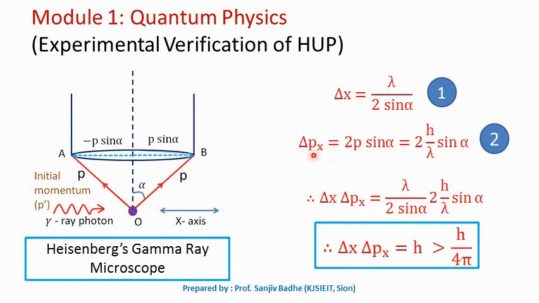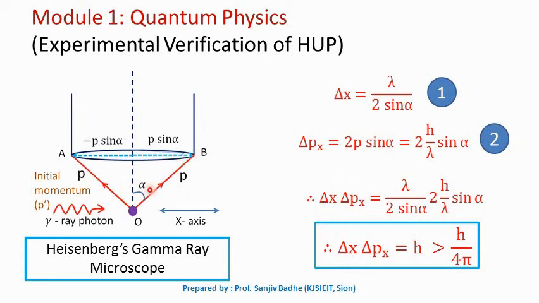We can reduce this uncertainty in the determination of momentum by reducing the value of alpha, but we cannot make alpha equal to 0, because as soon as we make alpha equal to 0, delta px will become 0, but then the microscope will not exist and the experiment cannot be performed.